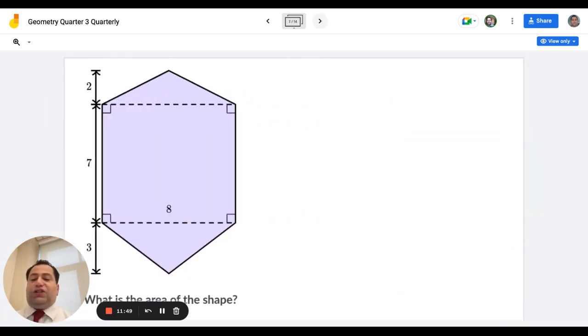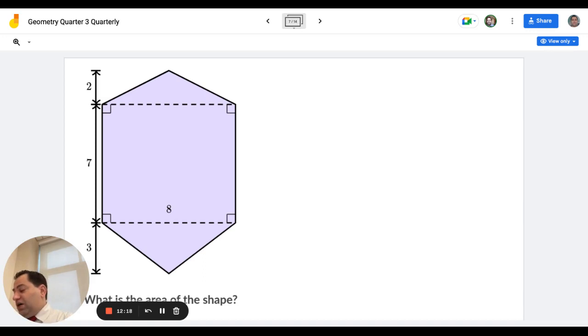Okay, our next question, we have to find the area of a composite shape here. So I see a few things. I see a triangle at the top, a triangle at the bottom, and I see a rectangle in the middle. So again, because rectangles are the same, they have parallel sides.